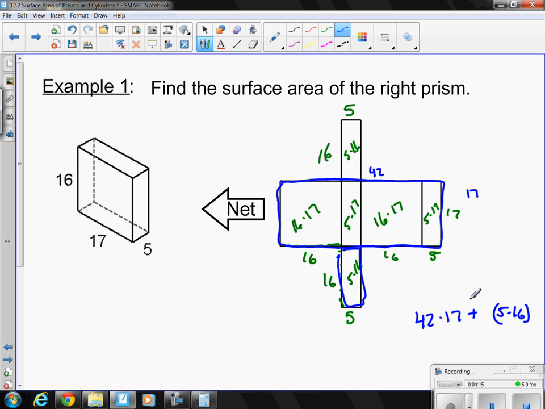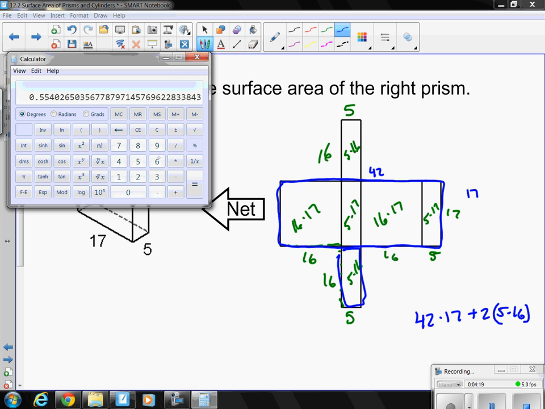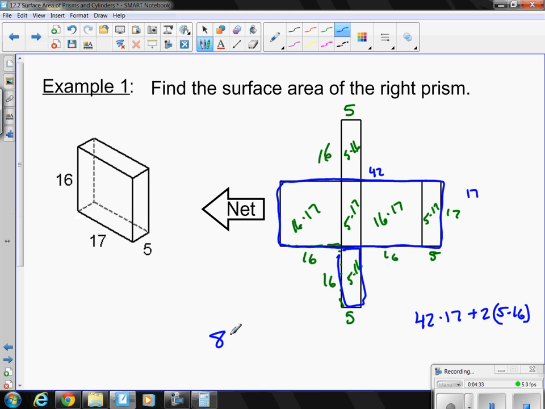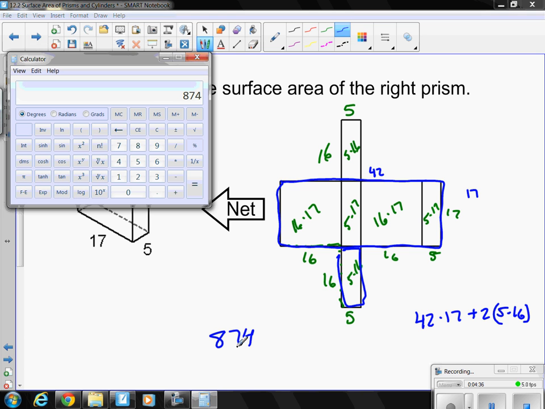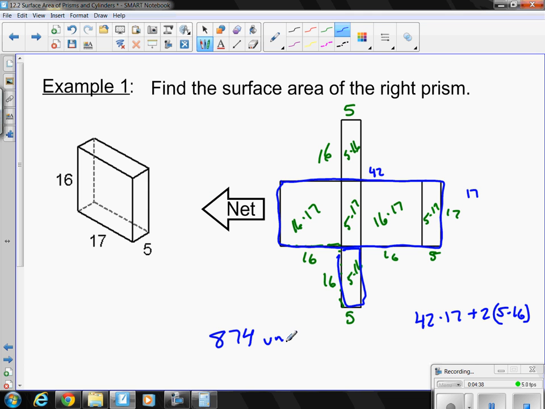One up here, one down there. I have 2 of them. So I could now find my answer by taking 42 times 17 plus 2 times 5 times 16. And I get 874 units squared. Make sure you focus on labeling it right. We're still talking about surface area, how many squares fit in this box.